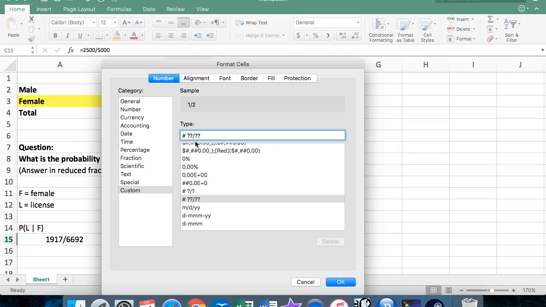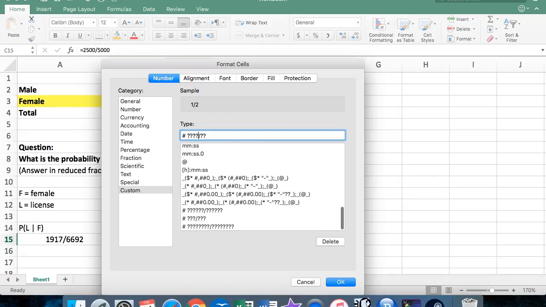Now I know 2,500 has 4 digits, so does 5,000. Even if I put as many digits out there as I want, it's still going to give me the furthest reduced fraction possible. It's only giving me 2 digits, but that's because 2,500 divided by 5,000 is 1/2.